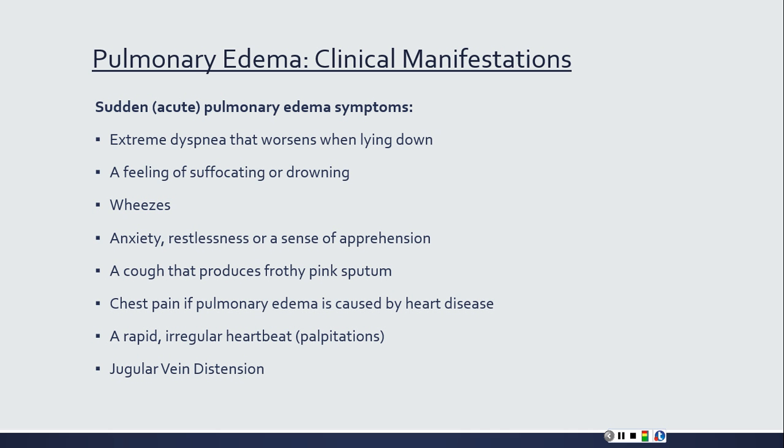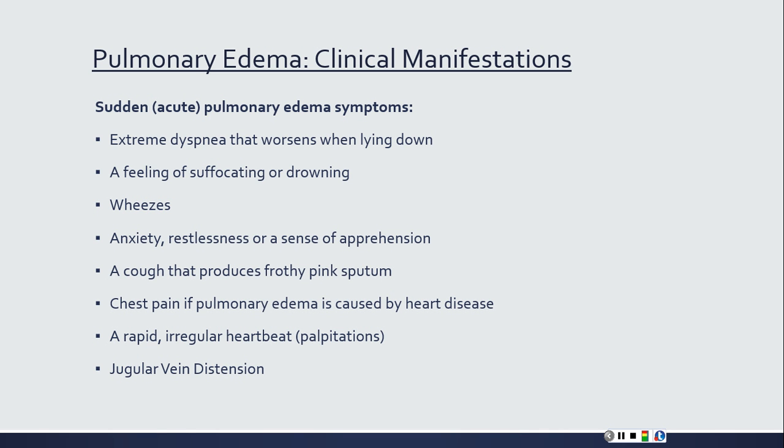There's this underlying force all around this, gravity, that is going to change the position of where the fluid is. Fluid's always going to fall. Gas is always going to rise. So the fluid that had been hanging down at the bottom is now moving up to the top, spreading out, taking up more space in the alveoli, and that prevents more gas exchange from occurring.